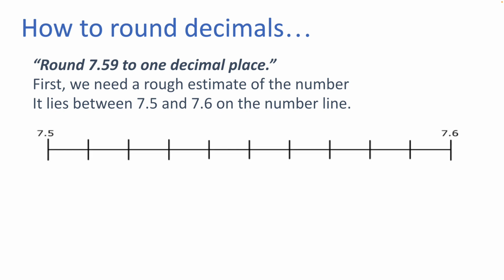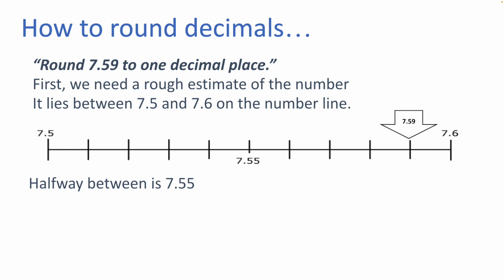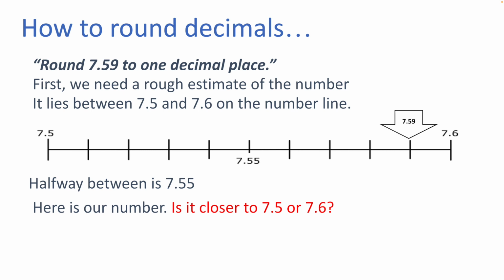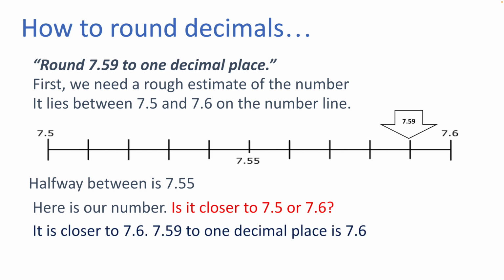So if I draw 7.5 to 7.6 with each line in between representing 0.01, then right in the middle is going to be 7.55. So 7.59 is going to be way up here. We can see, is it going to be closer to 7.5 or 7.6? And we know it's closer to 7.6.